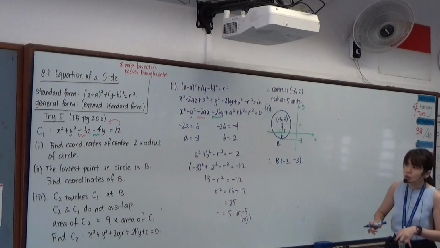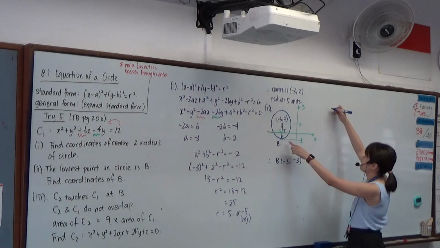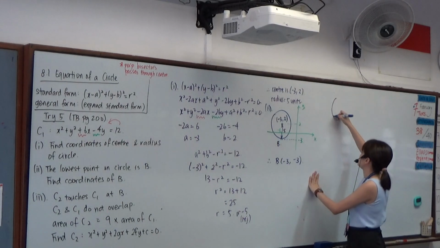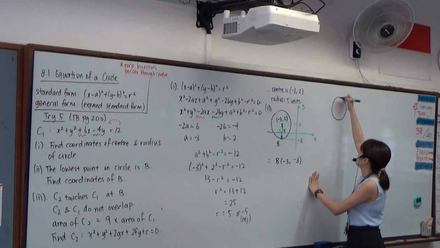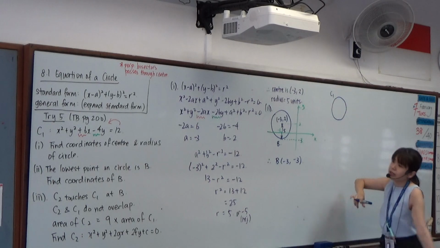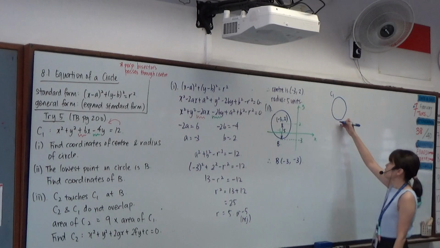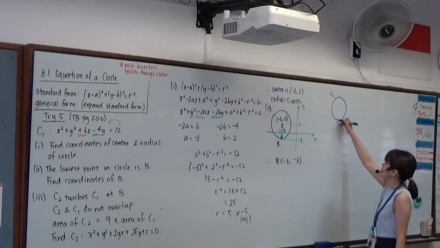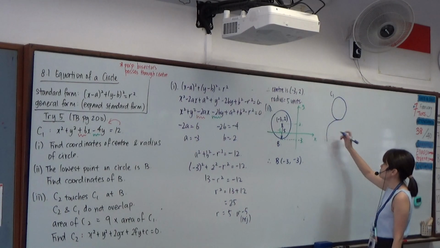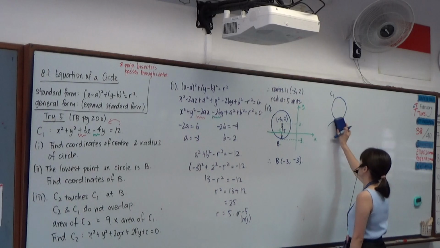So we have the circle C1, actually it's the blue one that I've drawn over here already. It says that it touches at the point B, no overlap at all, and C2 is actually bigger because the area is larger than C1.